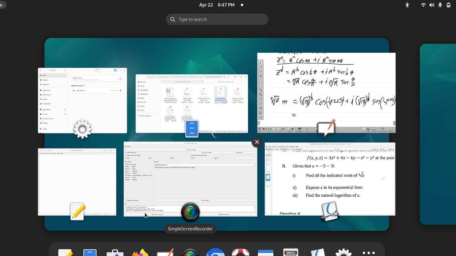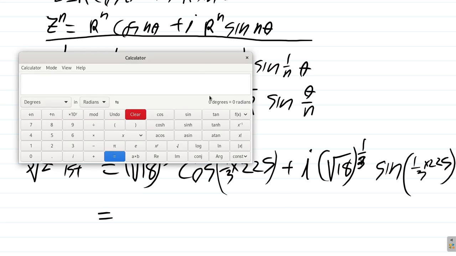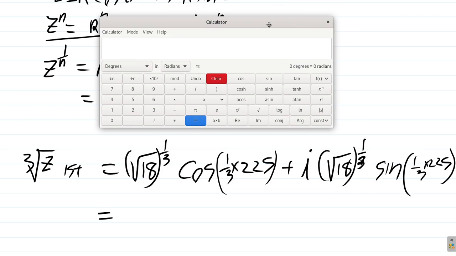Now, I'm going to use our calculator and see what happens here. The square root of 18 equals that. And then to the power of, open bracket, 1 over 3, close bracket, equals 1.619.